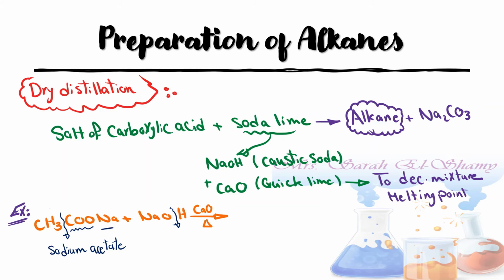So just make them combine together to give you the corresponding alkane. So it will be CH4 plus, we have here sodium and sodium, so we have 2 from the sodium atoms, Na2, we have 1 carbon atom, so C, and 3 oxygen atoms, which are O3. Here we get our methane molecule.